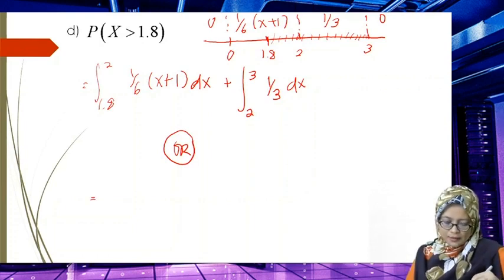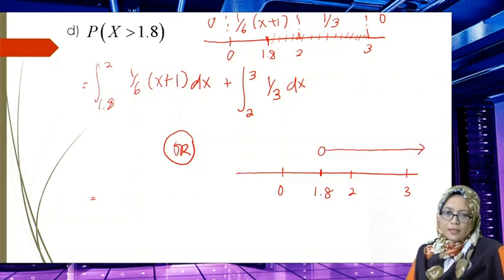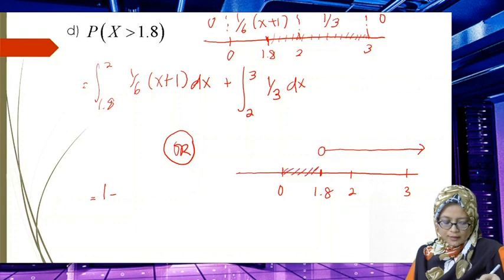Maksudnya awak ambil ni yang kita nak cari, start daripada 1.8 sampai 3. So kita boleh juga ambil ni, awak ada 0, ada 2, ada 3. So ini 1.8. So yang kita nak daripada sini ke sini. Okay, so satu lagi cara, awak boleh ambil semua sekali, satu tolak yang kurang daripadanya.